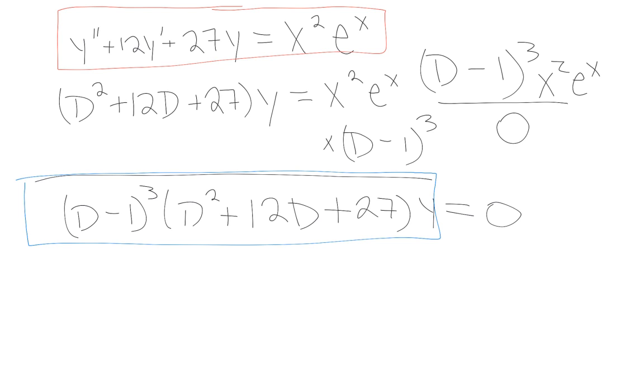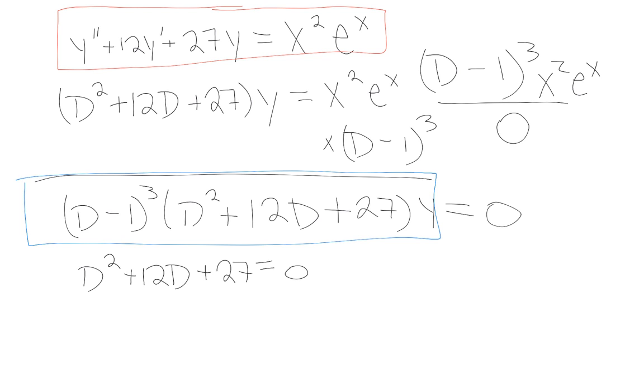So first things first, like solving any of these kinds of differential equations, we need to solve to get the homogeneous part. So the homogeneous part would come from D^2 + 12D + 27 being equal to 0.